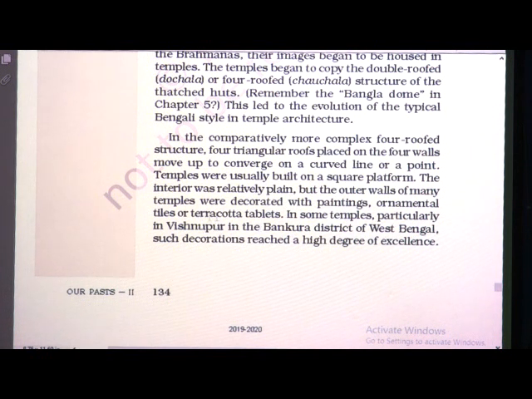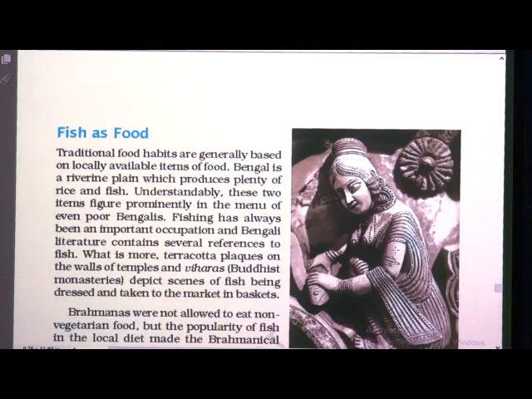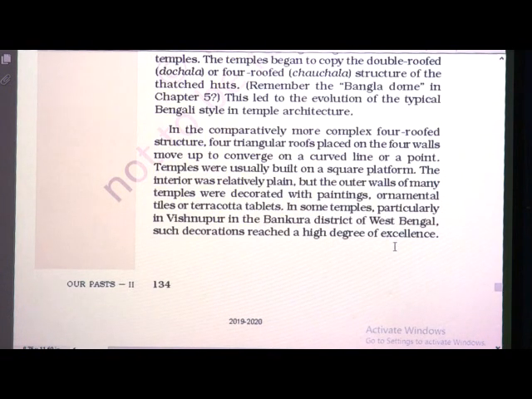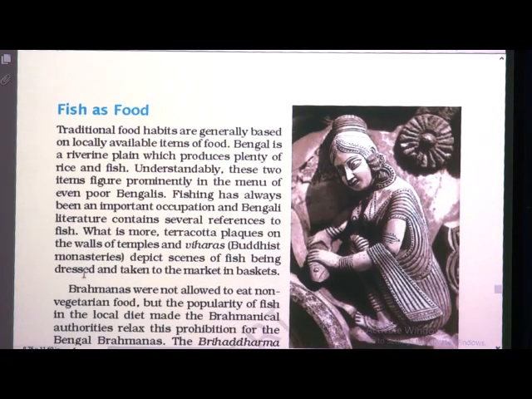What is terracotta? It is a hard clay which is brown in color. In some temples, particularly in Vishnupur in Bankura district of West Bengal, we find such decorations and they reached a high degree of excellence.